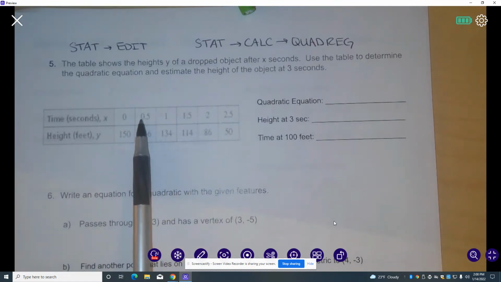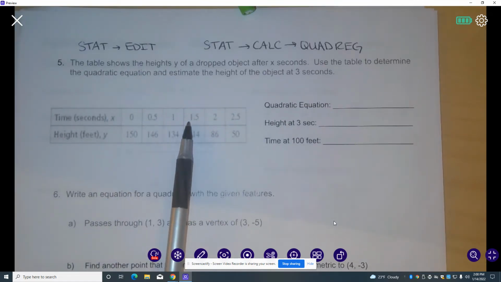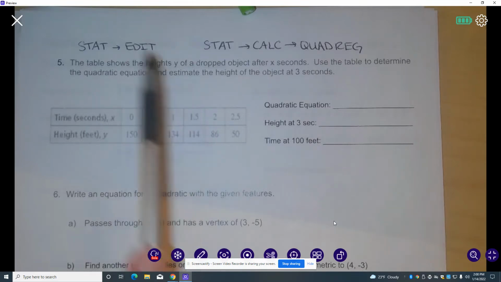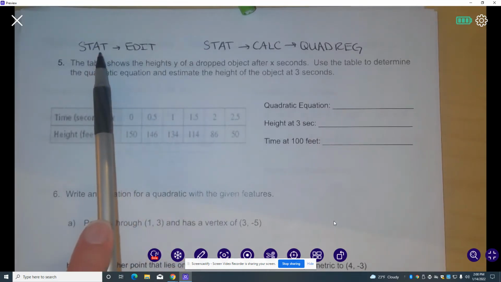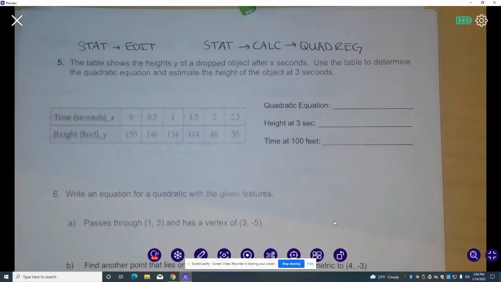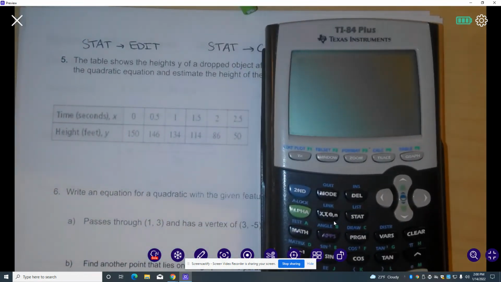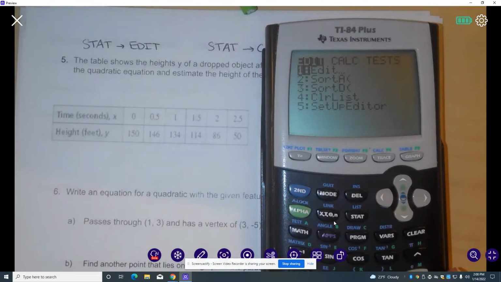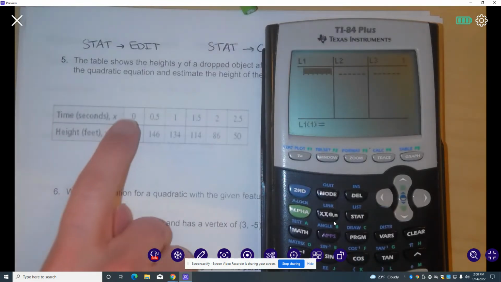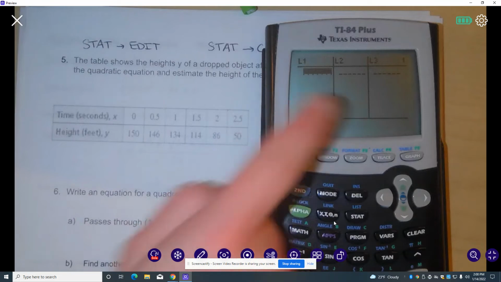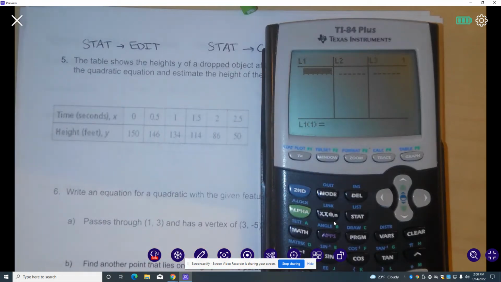So we're going to take this data and put it in a list in our calculator. I just reminded you, we're going to hit the stat button and then go to edit. I'm going to list my x coordinates in list 1 and my y coordinates in list 2.